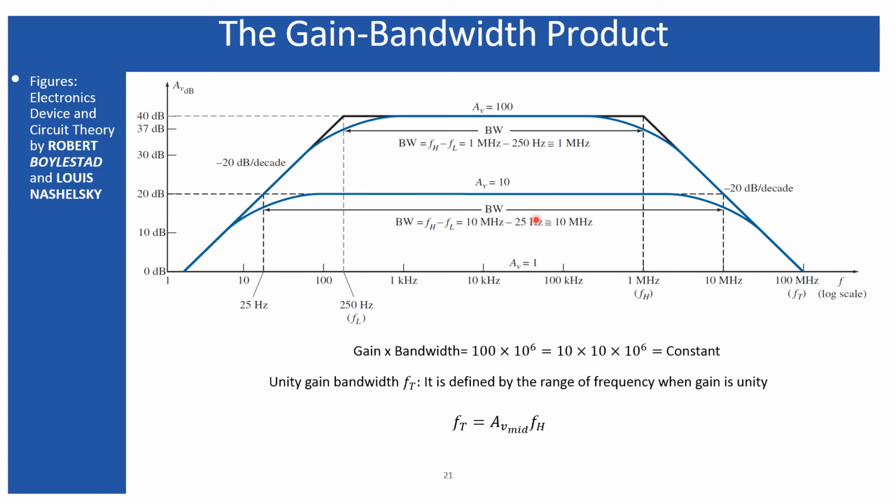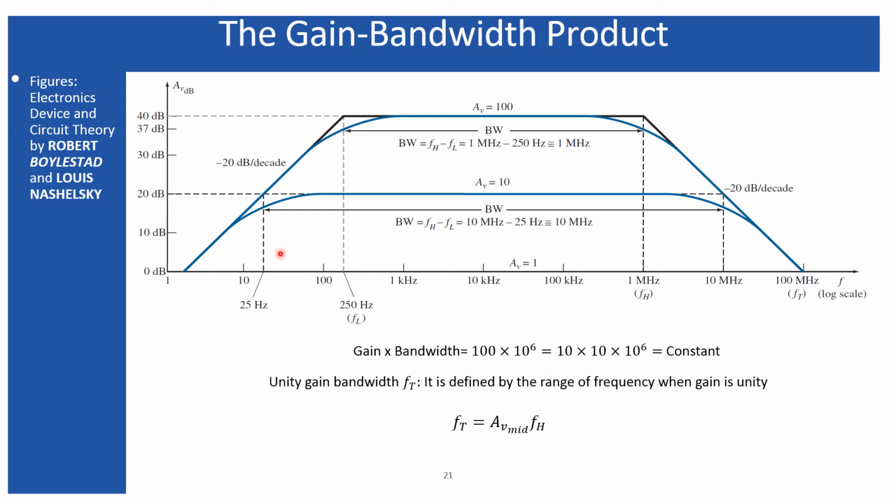The bandwidth is increased and the gain is decreased in order to maintain the gain bandwidth product constant. So initially this was the gain of the amplifier and 1 megahertz was the bandwidth. Now you have reduced the gain to 10, so the bandwidth must be increased to 10 megahertz in order to maintain the gain bandwidth product constant.